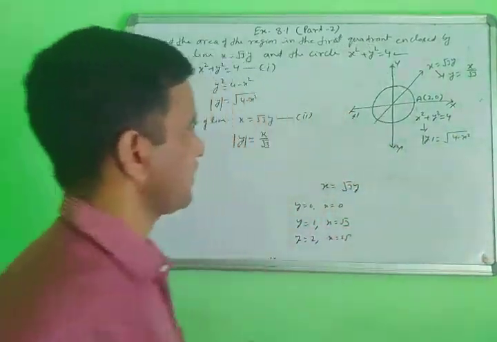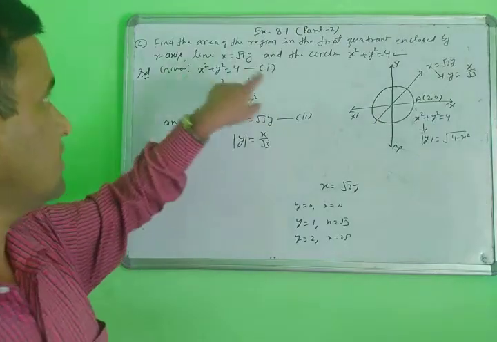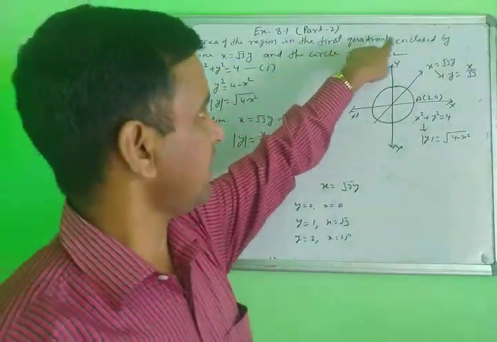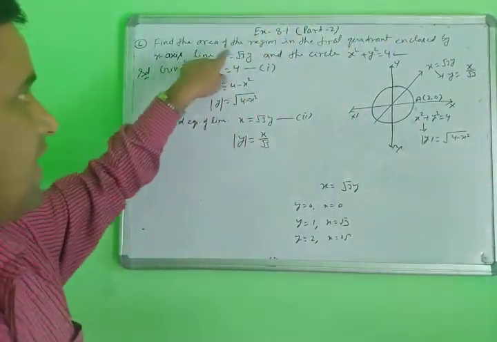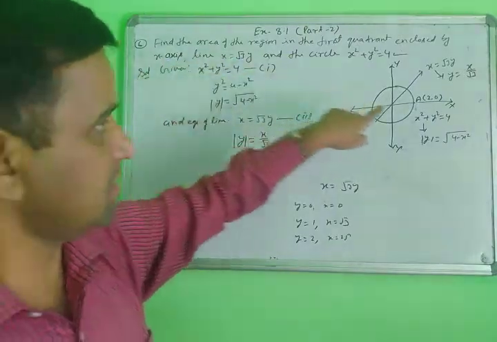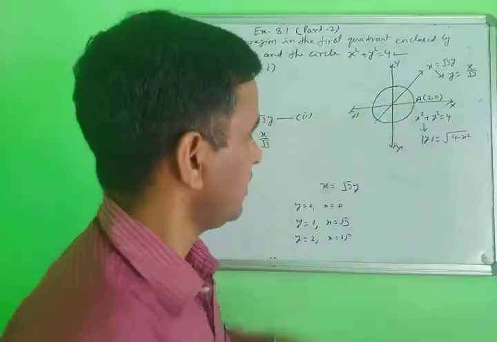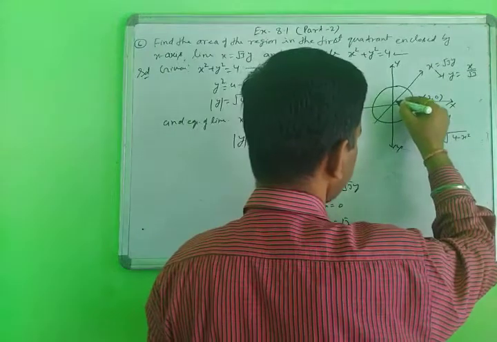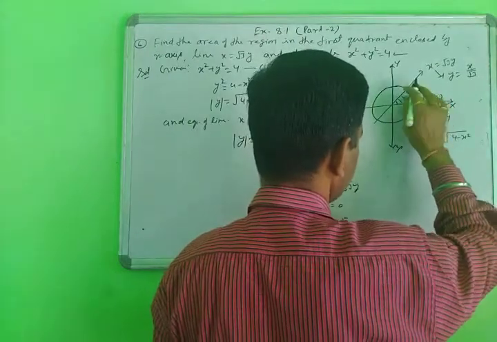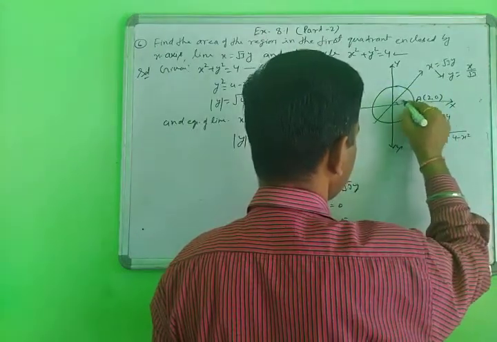Second thing, the first quadrant is enclosed by the line and the x-axis. This is your x-axis and the line. So this means you will find the area of this portion.